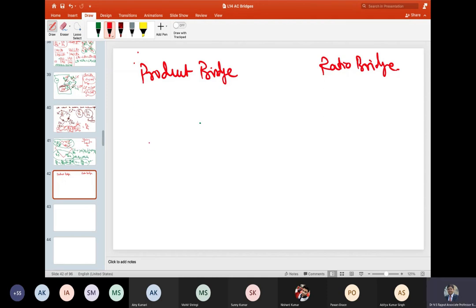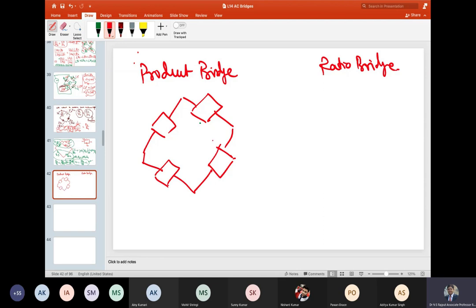What these are? So I can consider once again a similar type of bridge. Other things have been considered, that this has been powered up properly. So we have Z1, Z2, Z3, Z4, right? So this is the ratio, and suppose this is unknown.